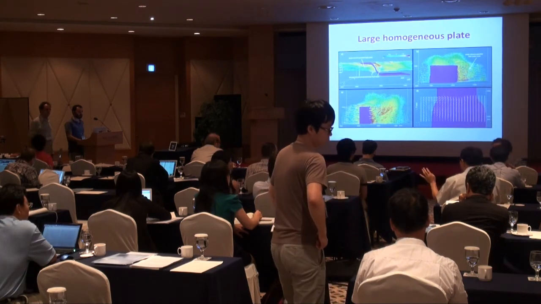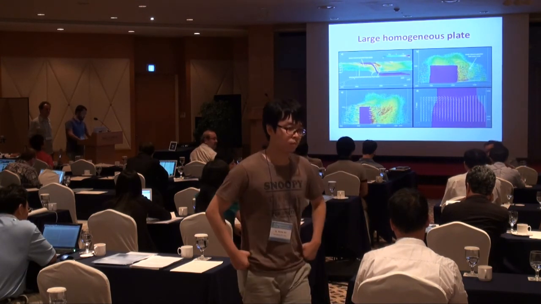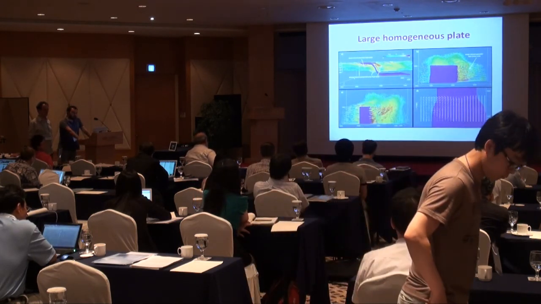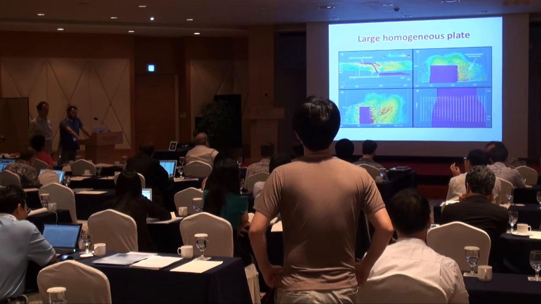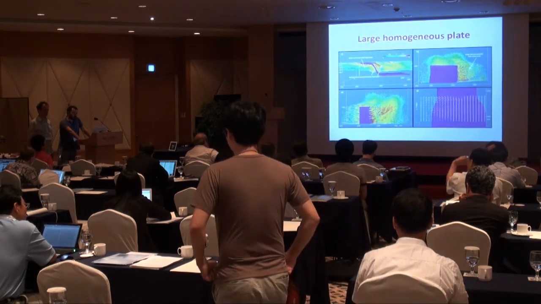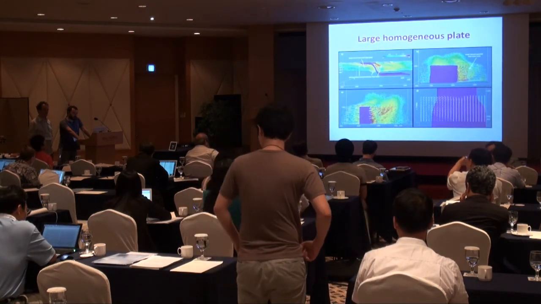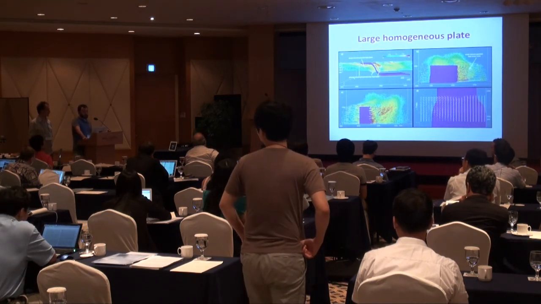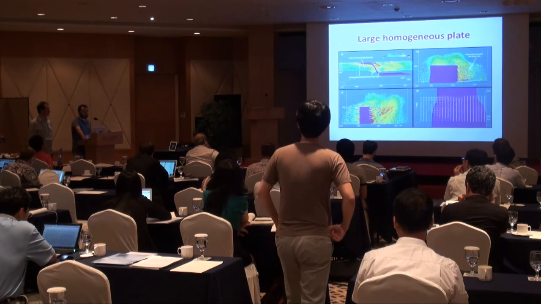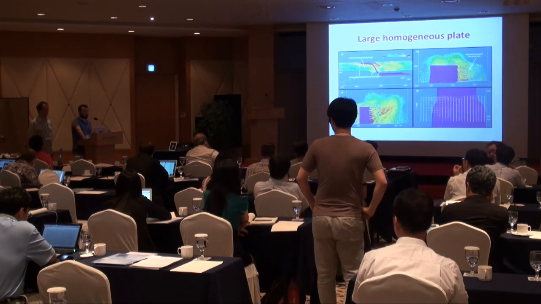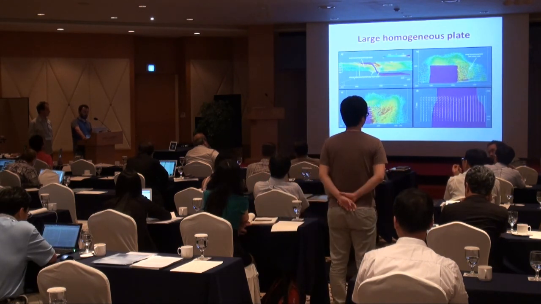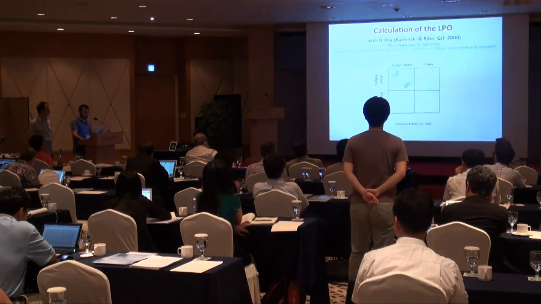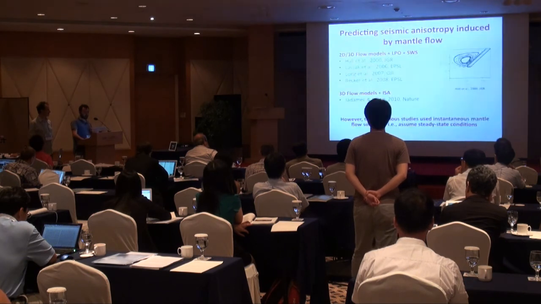Thank you for the interesting talk. For your case, maybe the physical mechanism causing trench parallel flow is toroidal flow at the tip of the slab. Well, I don't observe any trench parallel flow. I get trench parallel anisotropy, in models with the narrow plate.